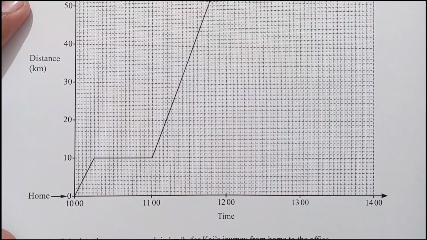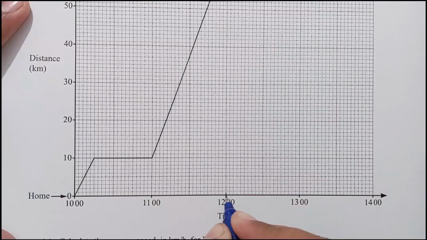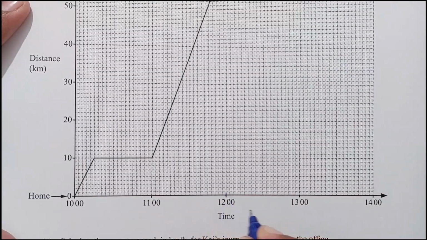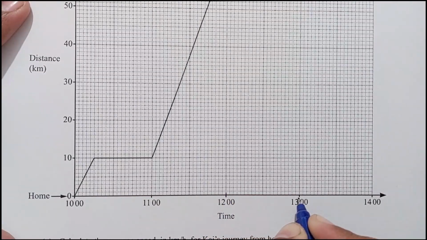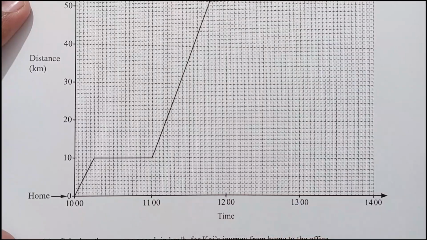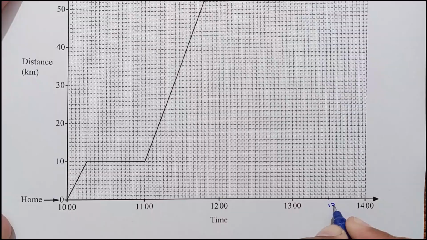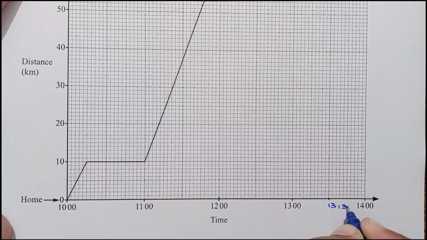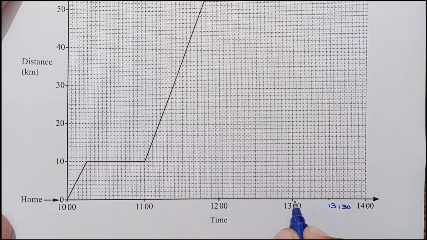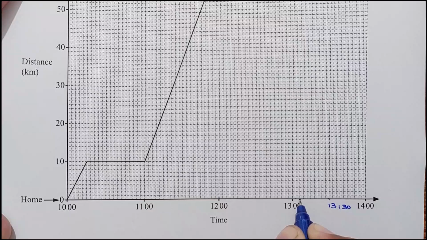So 1 hour 18 minutes, it should be at 12, he's at office. 1 hour is at 13, and 13 plus 18 minutes. So this is 13:30, right? Okay, and this is 3, 6, 9, 12, 15 and 18, right?